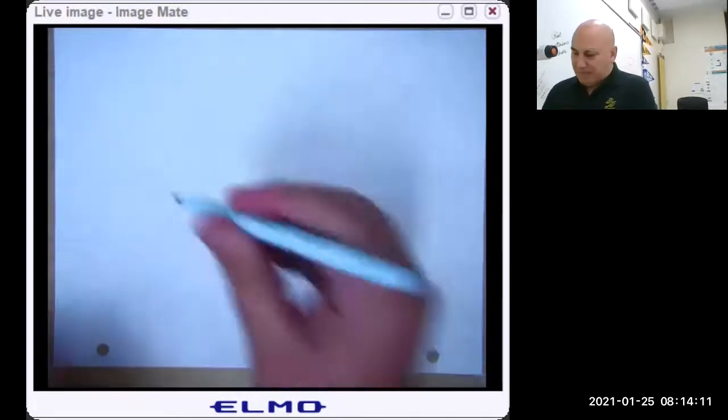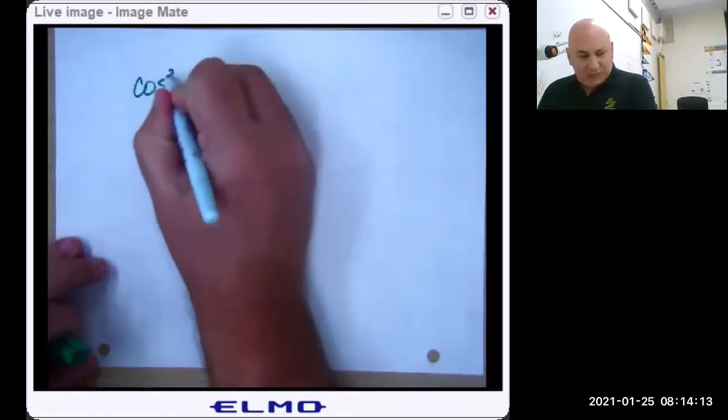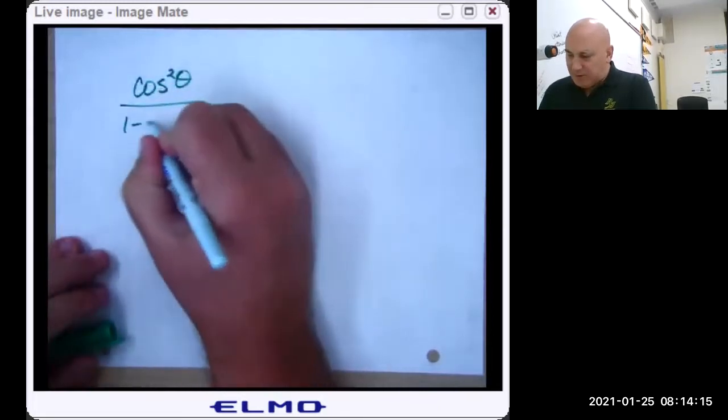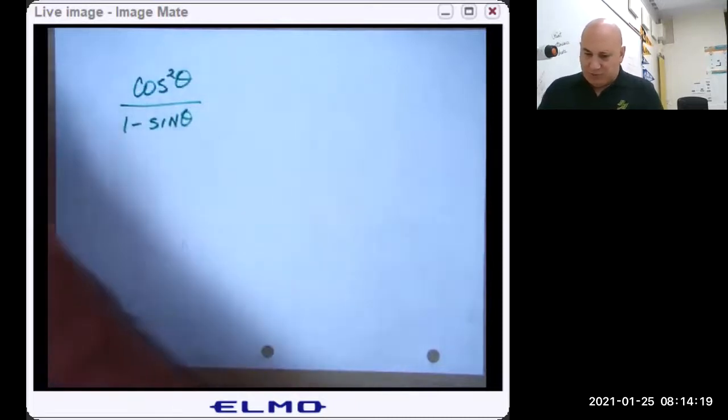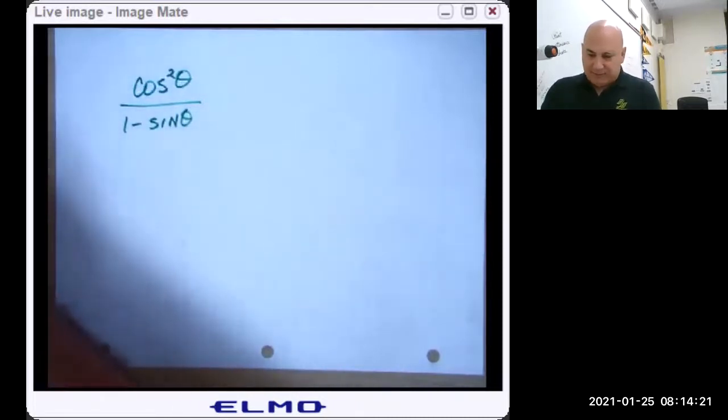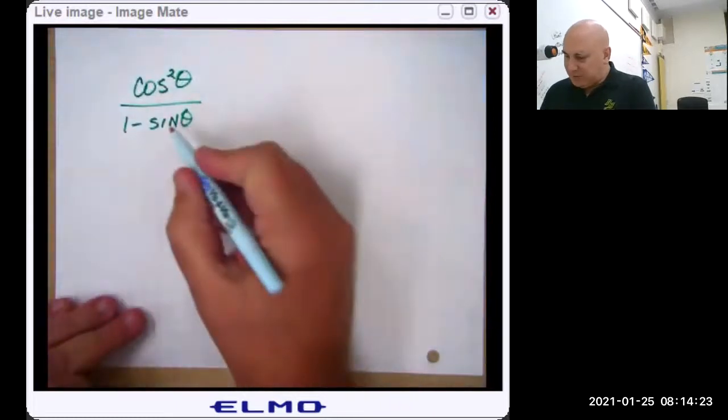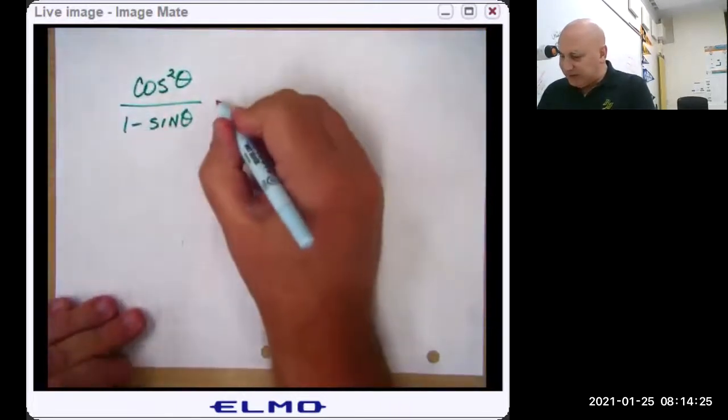Another problem here. Cosine squared theta over 1 minus sine theta. We're going to multiply top and bottom by 1 plus sine theta.